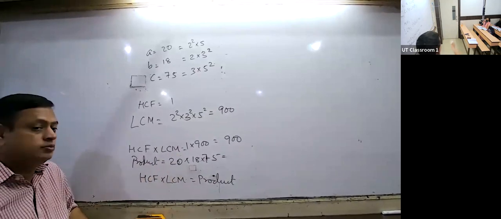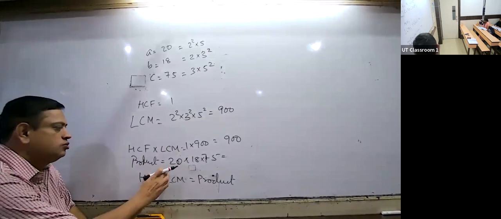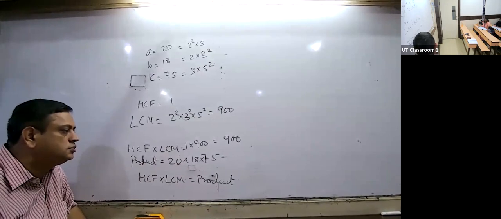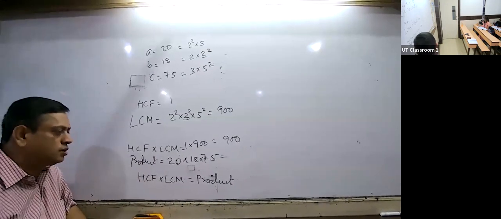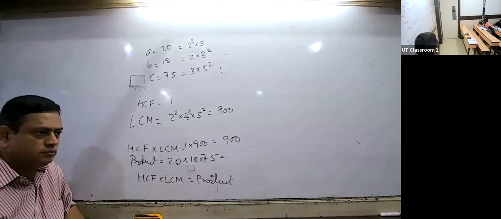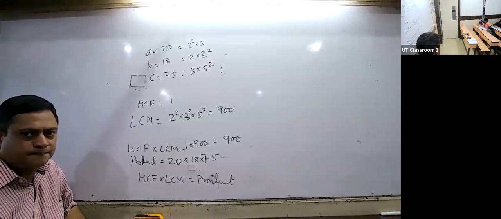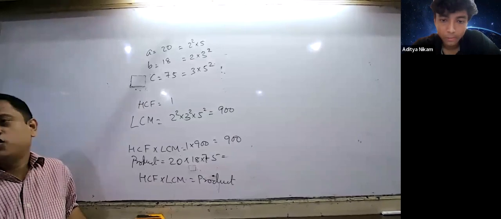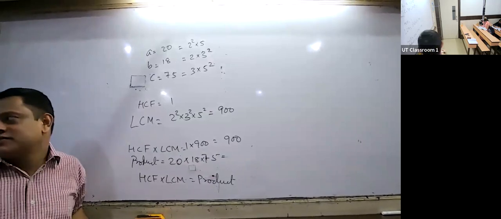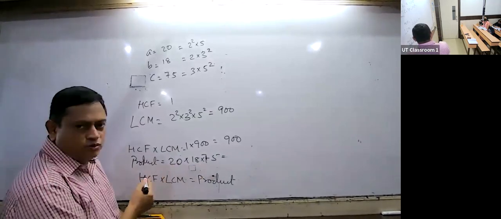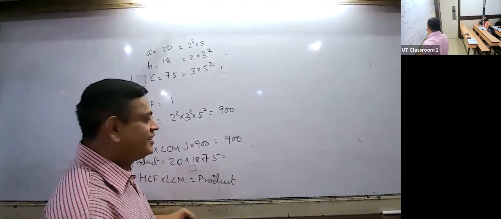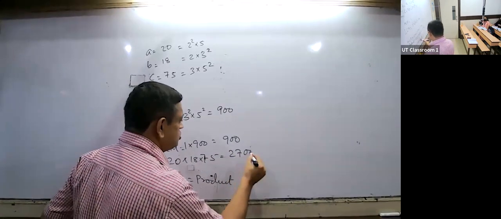Tell me who will give the answer first. 27,000. Yes. Look now. 75 into 2, 150. 150 into 18. 150 into 2 is 300. 3 9s are 27. Short ways, if you know. Are both equal? No.